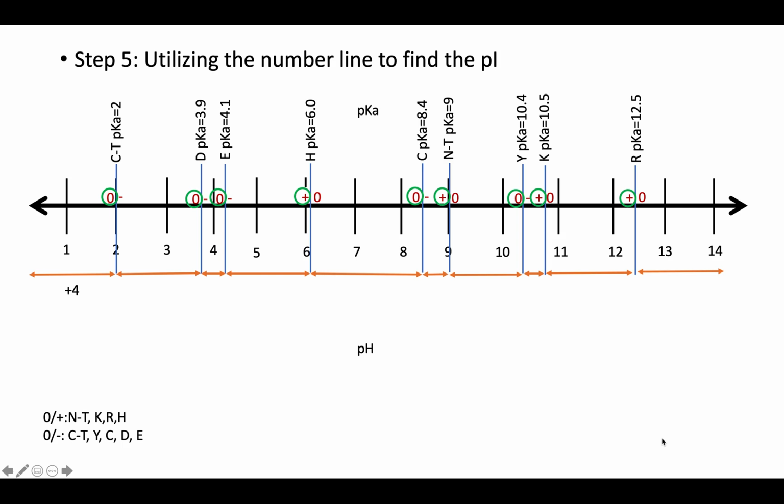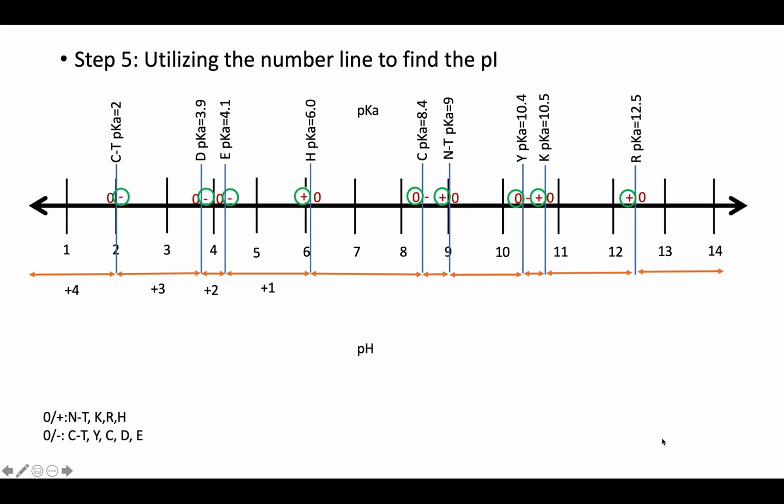The next zone is between 2 and 3.9. In that zone, the charge is plus 3. The next zone is between 3.9 and 4.1. In that zone, the charge is plus 2. The next zone is between 4.1 and 6.0.